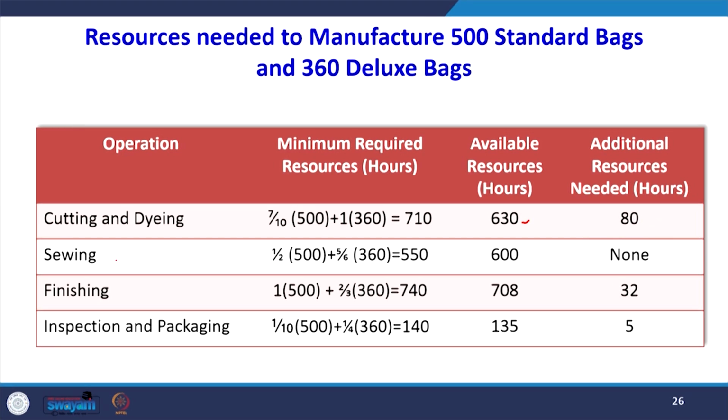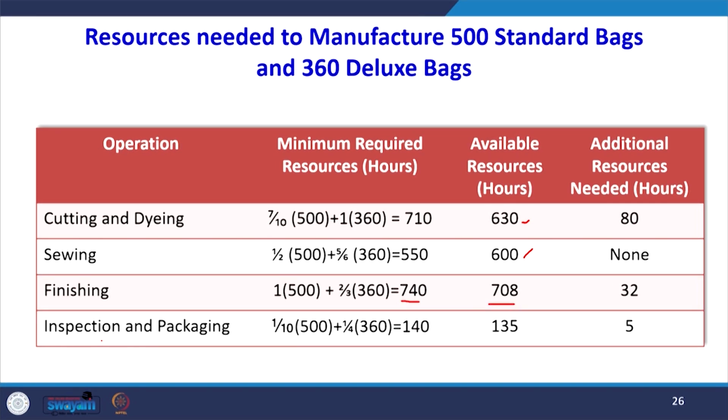For the second, the sewing constraint, there is no problem because the minimum resources required is only 550, but the available resource is 600, there is no problem. But look at the finishing constraint. The minimum required resource is 740 hours, but available resources are only 708. So 32 hours is required.